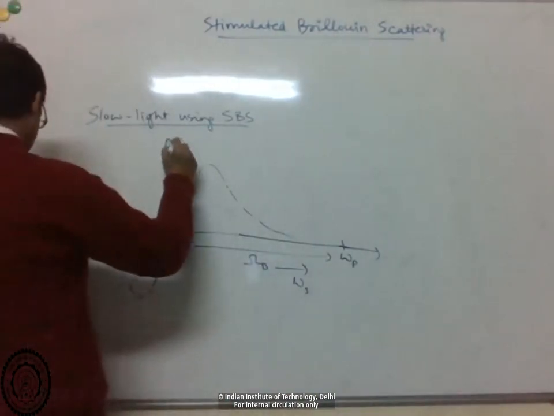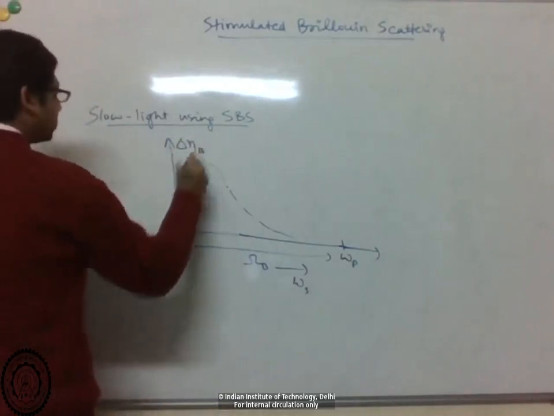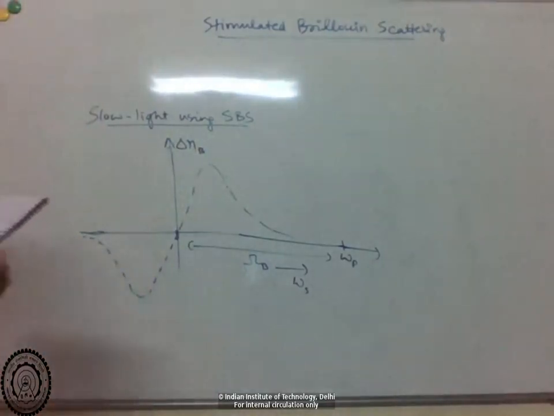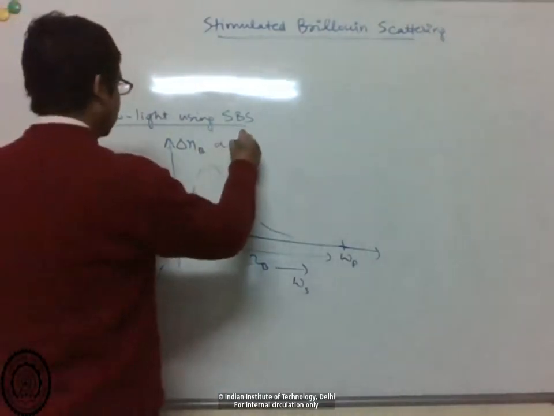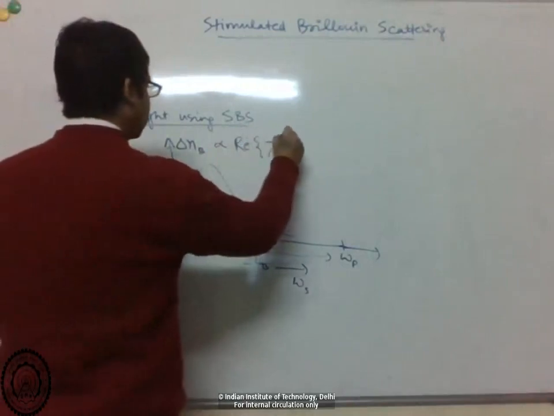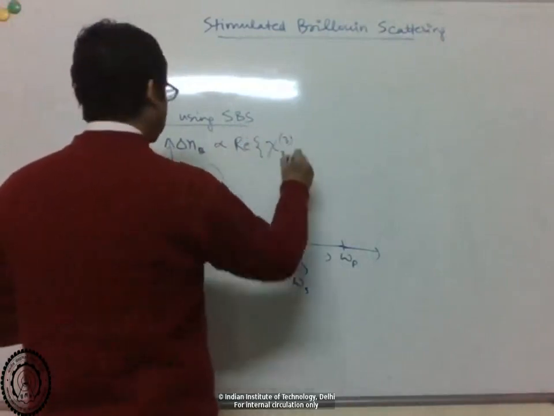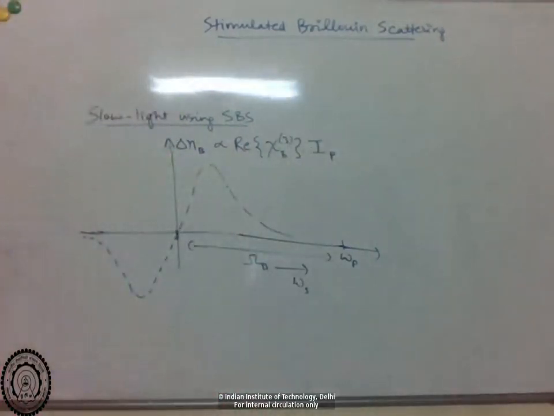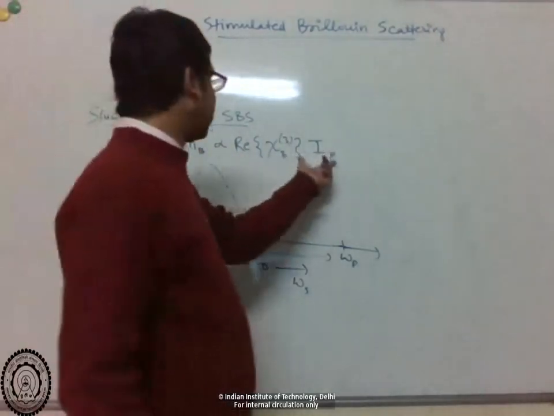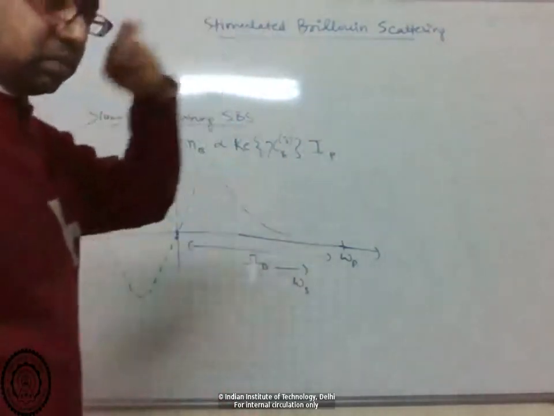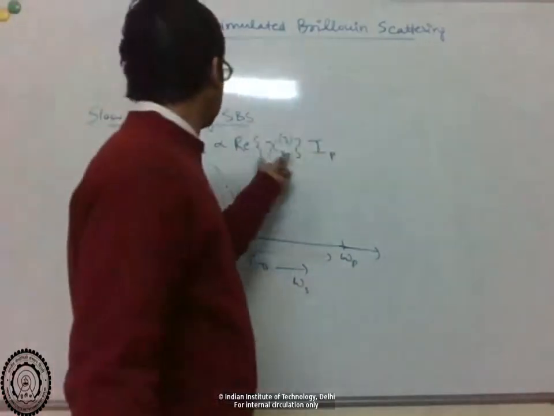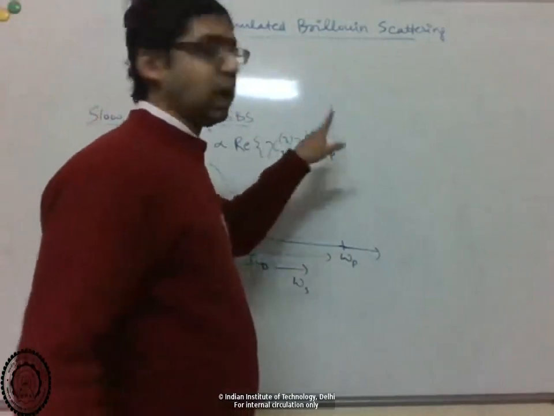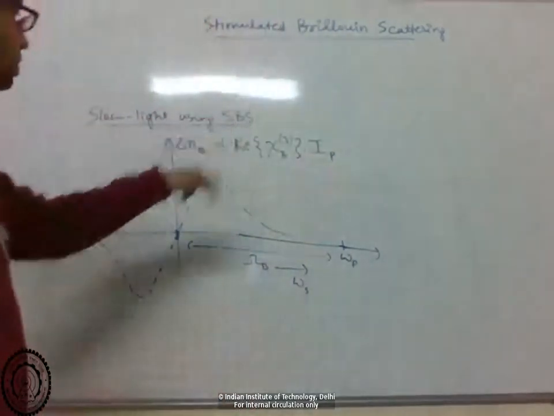Then I can plot the change in index due to Brillouin, which is proportional to the real part of the susceptibility chi 3 Brillouin times the pump intensity. So this is something like the intensity-dependent refractive index. Remember, we get terms like mod A_p squared A_s, right? So the change in refractive index is the real part times n2 I, like we had for Kerr nonlinearity.